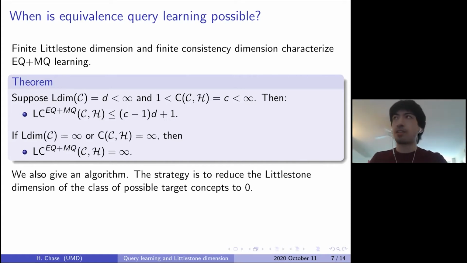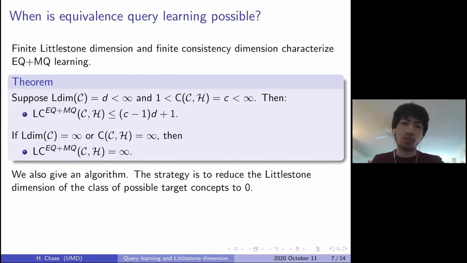So this will have finite consistency dimension because if something isn't an interval of this type, then we'll be able to find a point x that is in the set and a point y which is greater but not in the set.